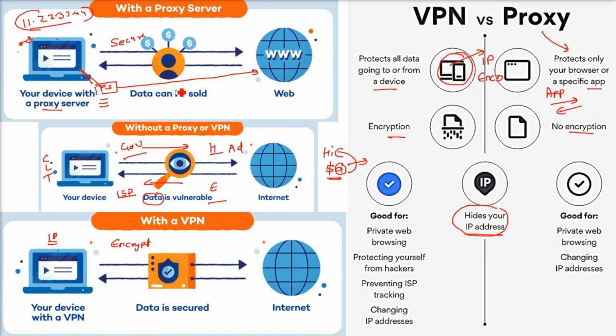The whole world of internet knows you by that IP. So if you're doing private web browsing, you want to change your IP address, don't want to show it, you can use a proxy. But if you want to protect your data or yourself from hackers, from ISP tracking, or you want to hide your IP, you need some anonymity, some safety and security, you should go for VPN.